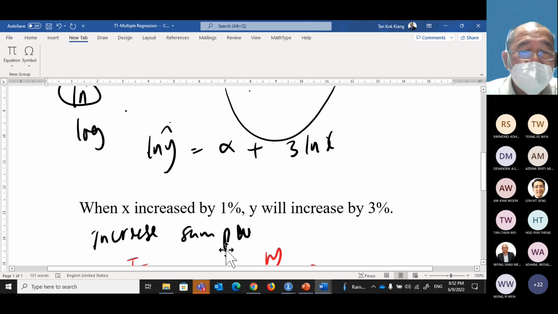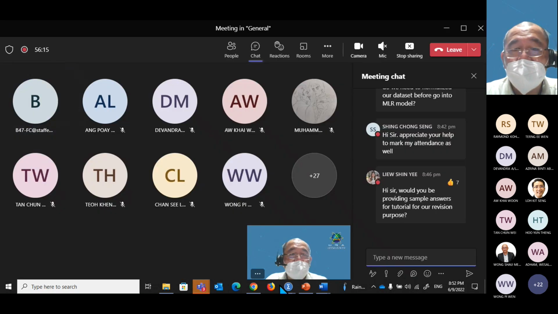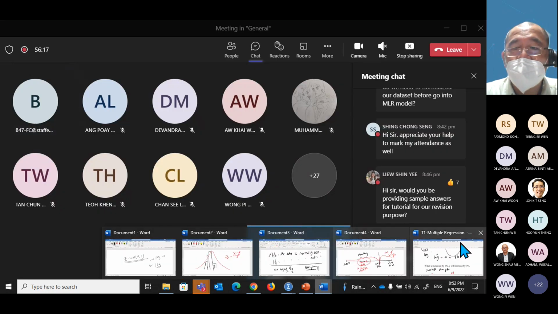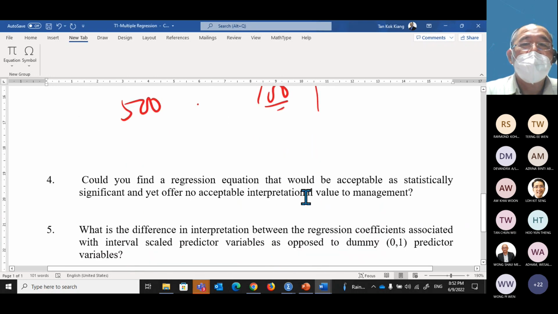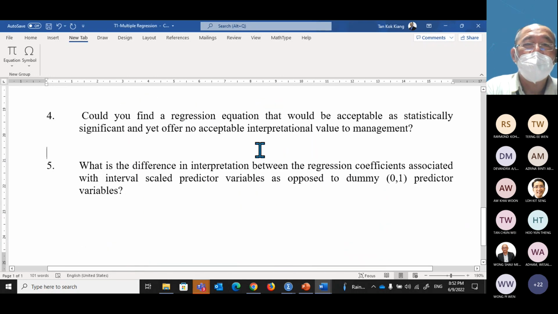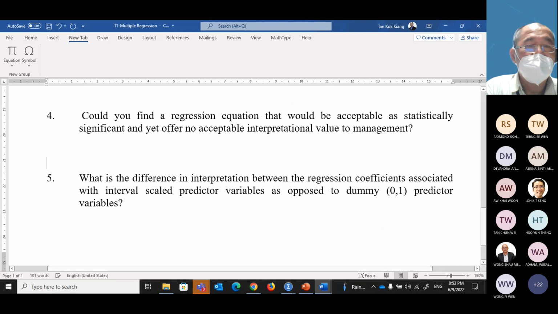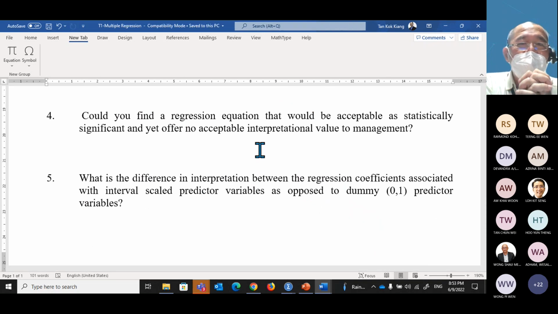If no question, now we see the next. Can you try now? Will you find a regression equation that would be acceptable as statistically significant, and yet offer no acceptable interpretational value to the management? You try first.